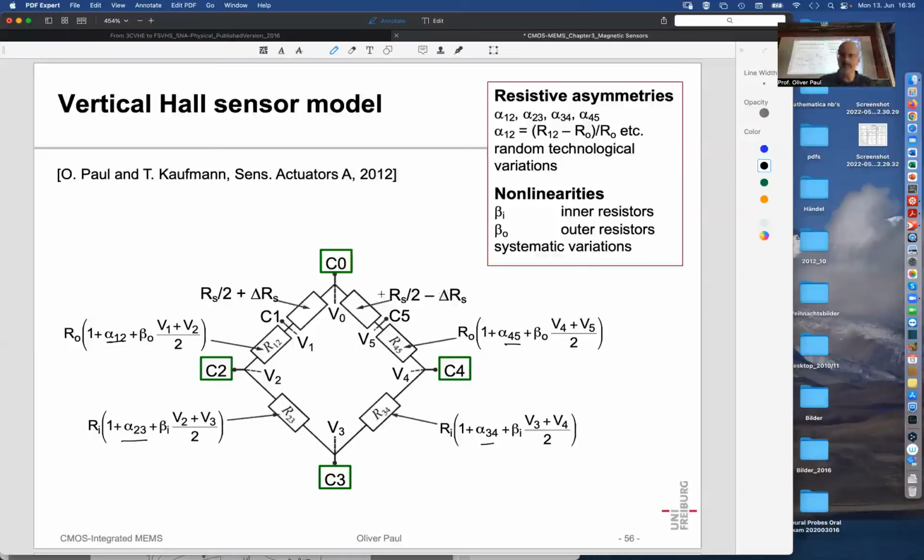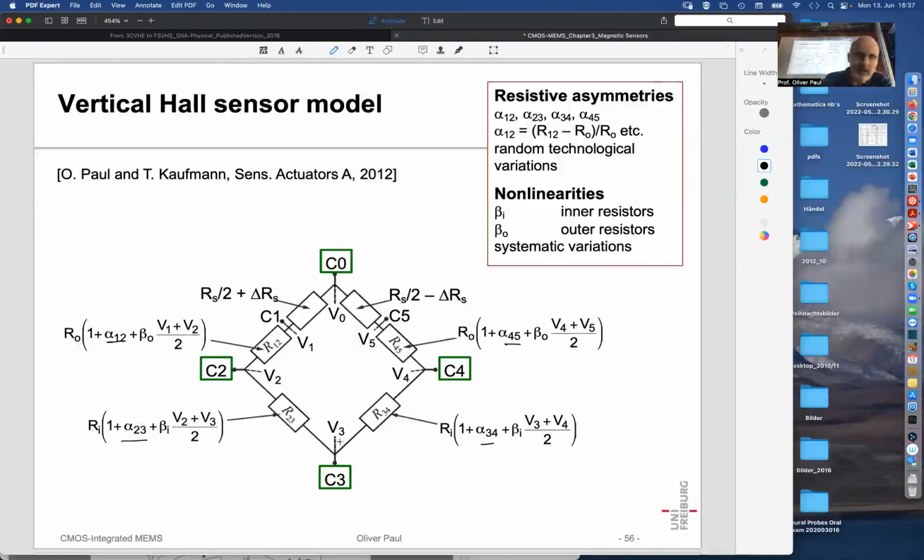And then there comes another thing. Let's say that the resistance between contact 2 and 3, R2,3, not only depends on some value that may not be perfect, but it also depends on the voltages applied to it.